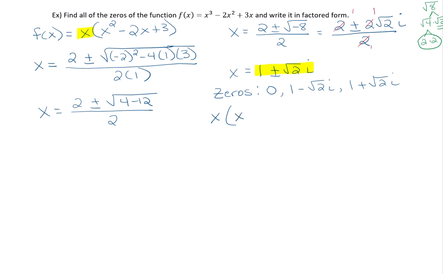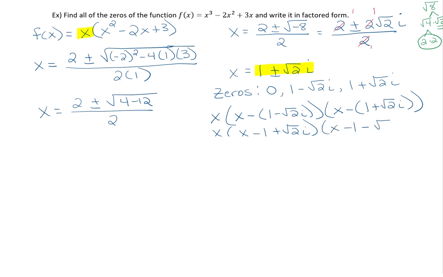It's always x minus that zero, so it would be x minus parentheses 1 minus the square root of 2 i, and x minus parentheses 1 plus the square root of 2 i. If we were to distribute that, we would get x minus 1 plus the square root of 2 i, and x minus 1 minus the square root of 2 i, as well as the single x factor in the front.